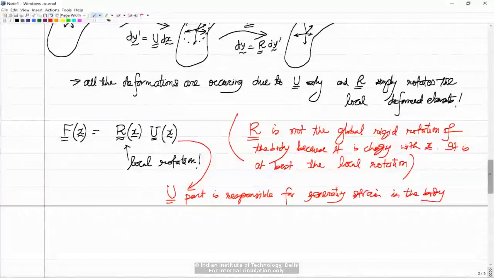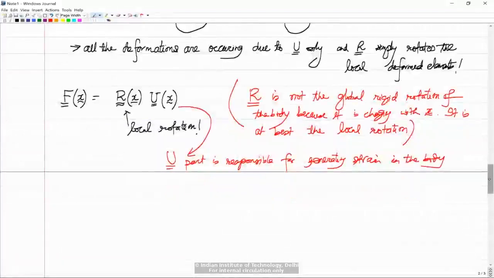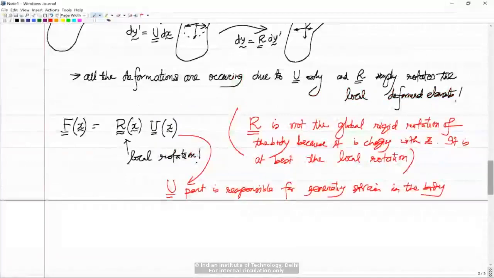Okay, and this U, like I said, has some more nice property. Let us try to explore this. So let me write down the formula of stretch again.